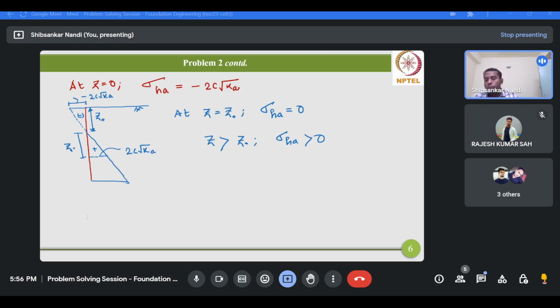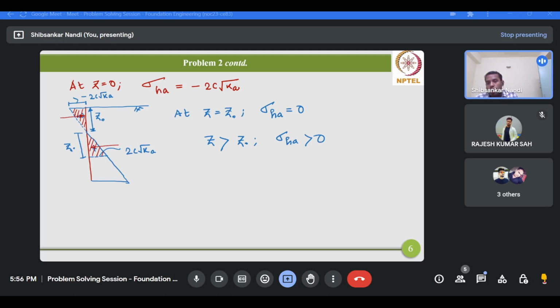Now, if you try to calculate the resultant of these two, the resultant of this portion, you can determine it from the area of this triangle and it will act in this direction, and for the bottom triangle it will act in this direction.